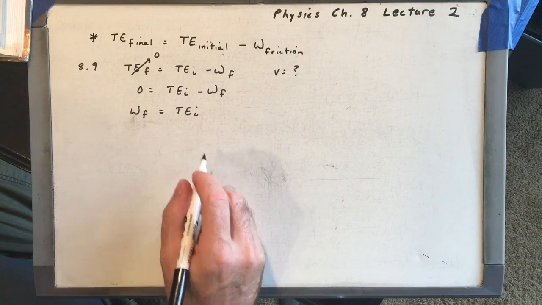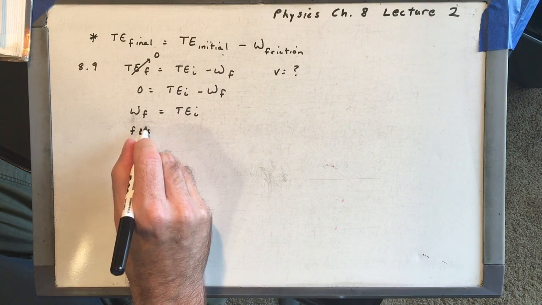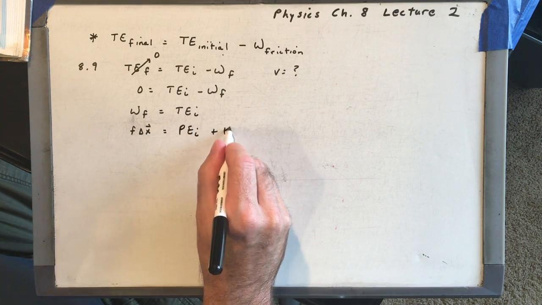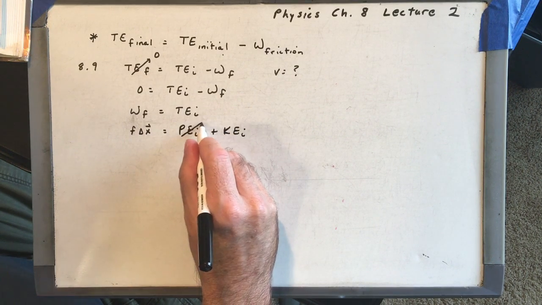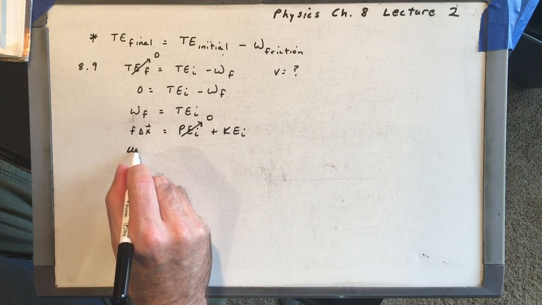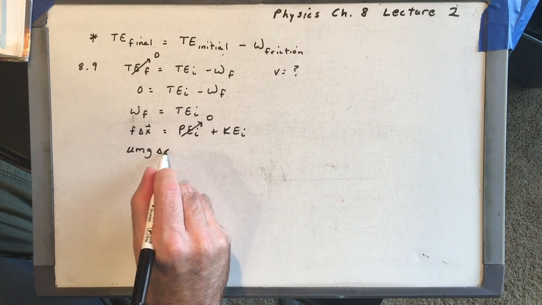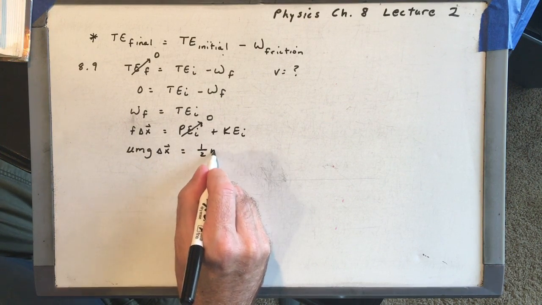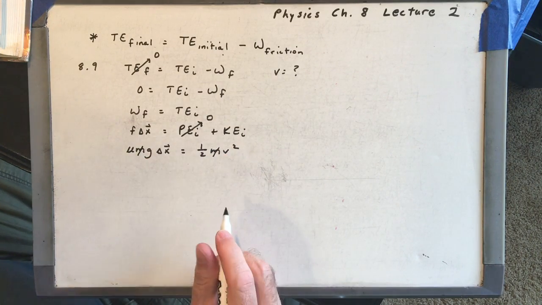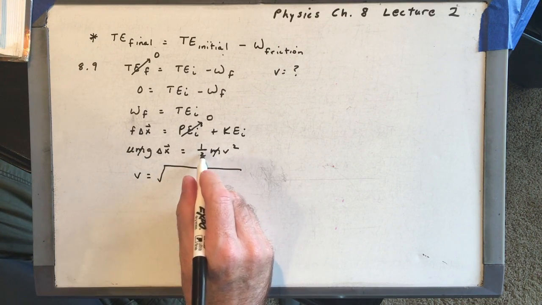All right, so we know that this is going to be friction times delta x. And that is going to be potential energy initial plus kinetic energy initial. It doesn't have any height. Sometimes it does, so you have to read closely. We know that friction is mu mg. That's just the normal force times mu times delta x is equal to 1/2 mv squared. We're solving for v. The masses go away. So v, doing the algebra, is going to be the square root since it's squared, and then we would flip and multiply that 1/2.